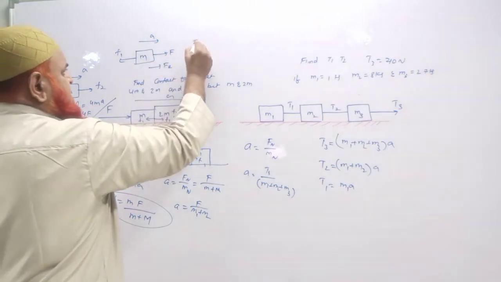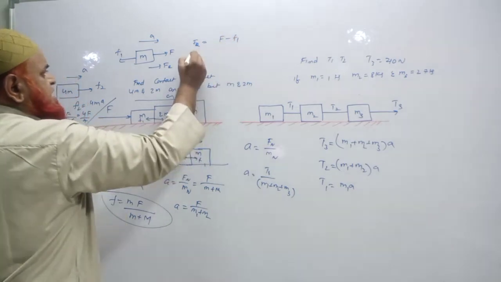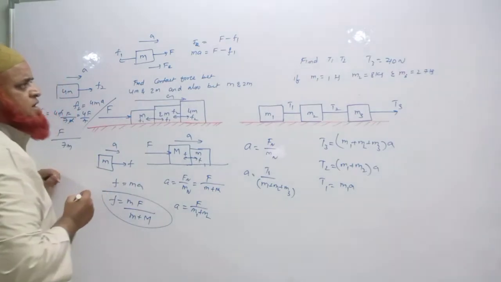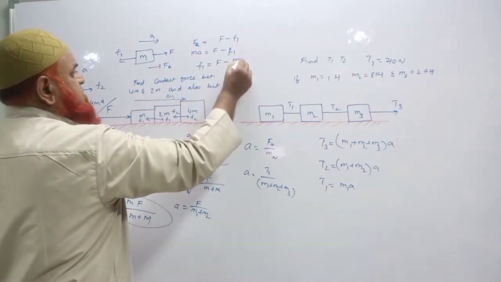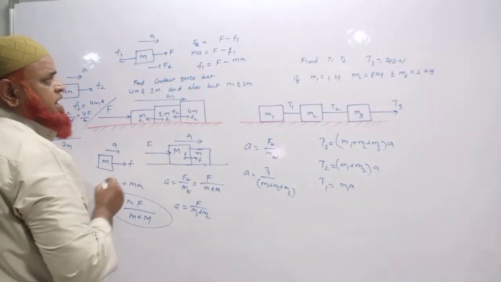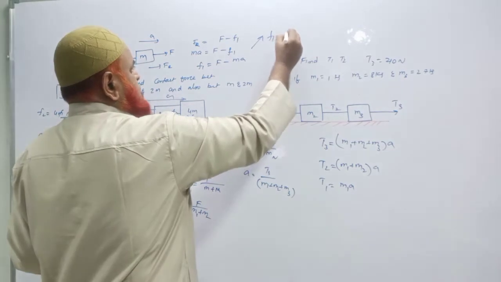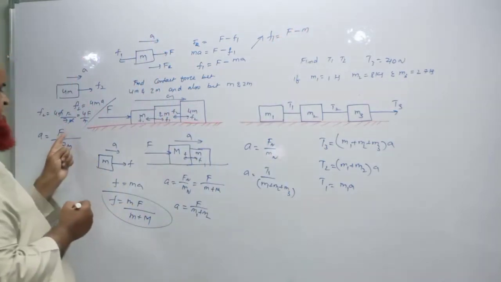So you can write Fr is equal to capital F minus F1. Fr is equal to m into a, so capital F minus F1 is m into a. So you have to find out F1. F1 is equal to capital F minus m into a. And you also know what is a here, F by 7m.